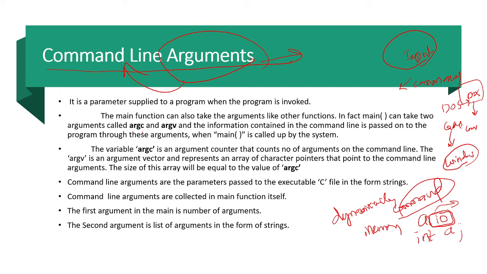Whenever you declare int a, internally the computer's memory allocates 2 bytes of memory for this variable, right? And this is static allocation. That means before you assign the value, whenever you declare a variable, the memory is assigned right there. So static means that during the declaration itself the memory is allocated for the particular variable.